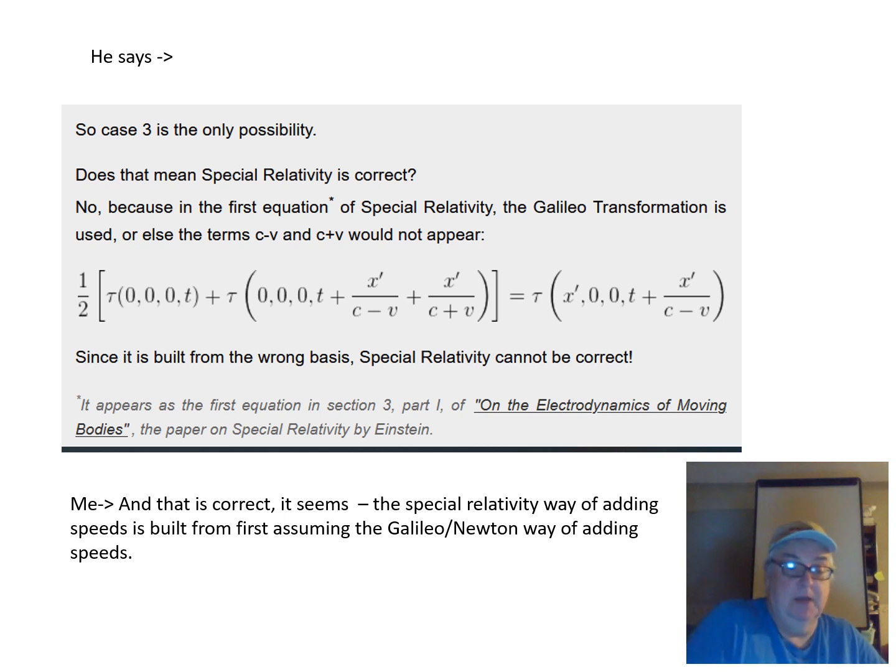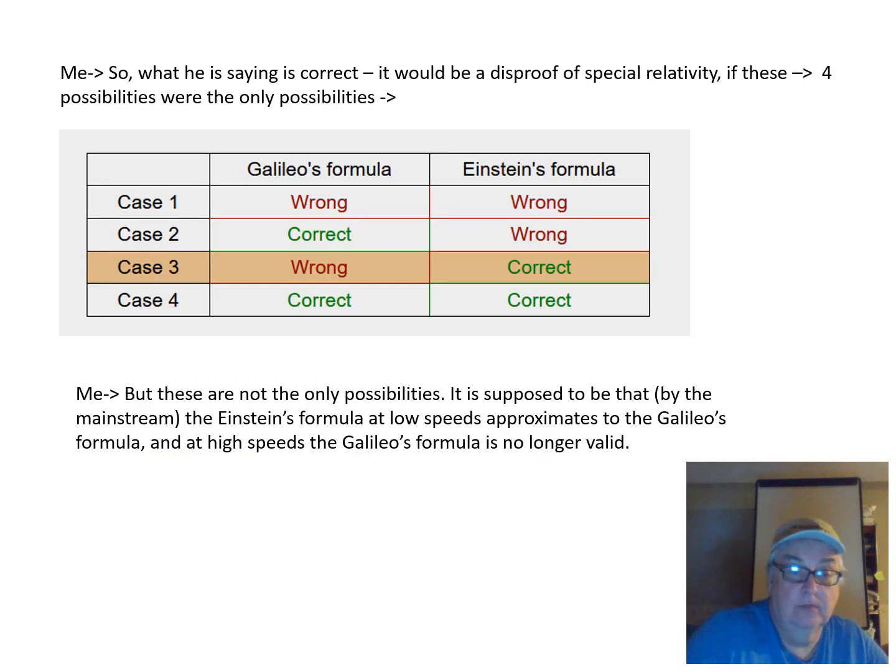And that is correct. It seems special relativity's way of adding speeds is built from first assuming the Galileo/Newton way of adding speeds. So what you're saying is correct.